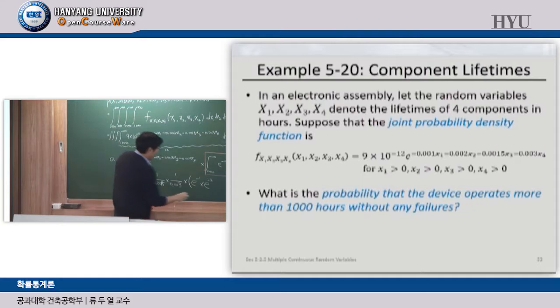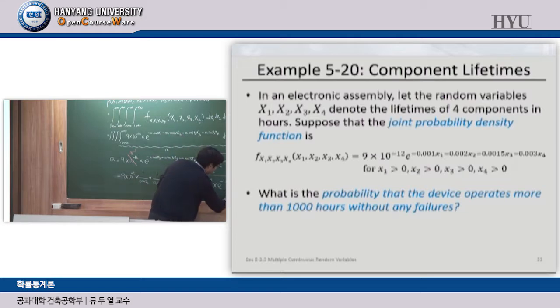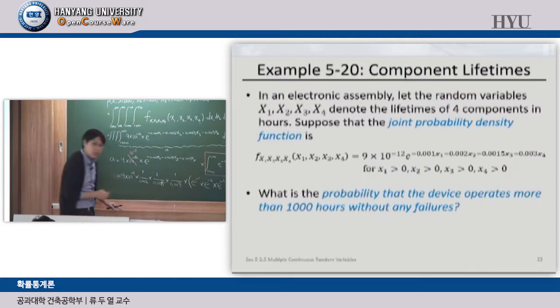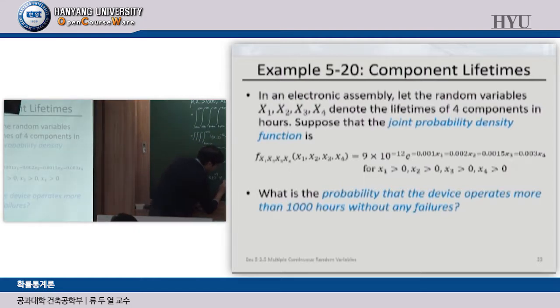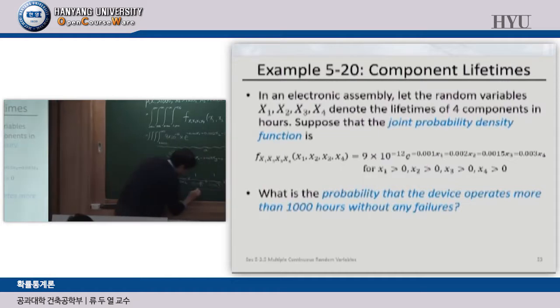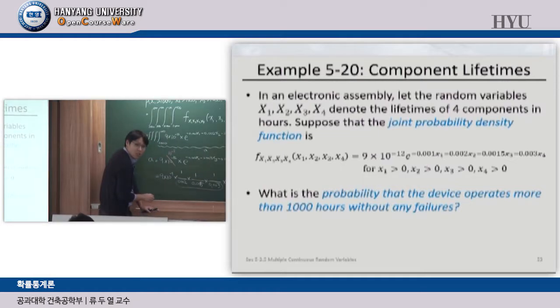And also there is exponential minus 1.5 from x3, and exponential minus 3 from x4. And in here, what is this? 9 times 10 to the minus 9th power, so this can be eliminated.